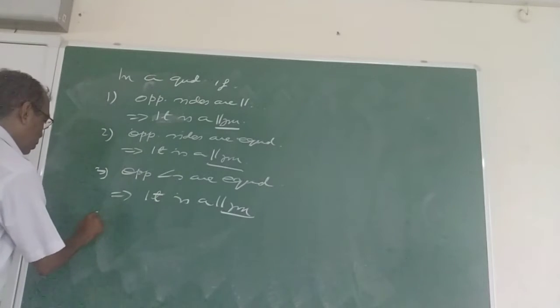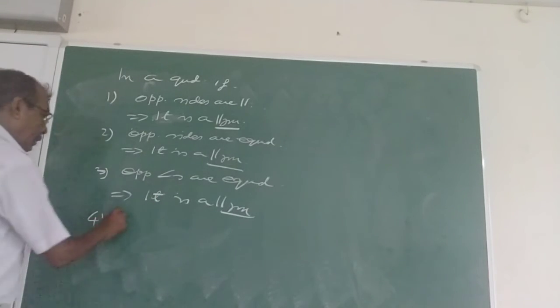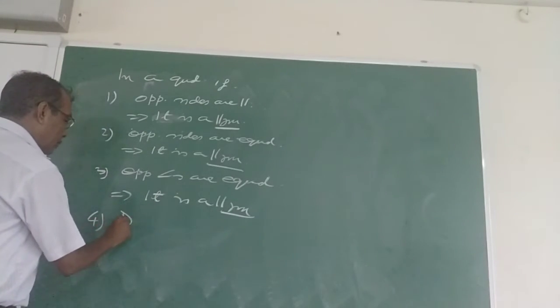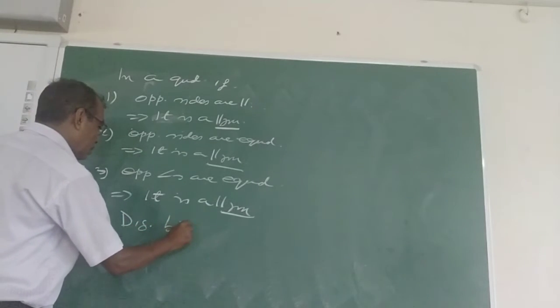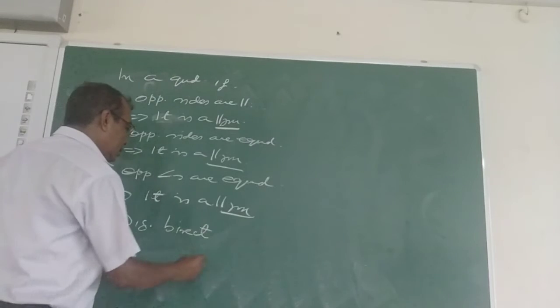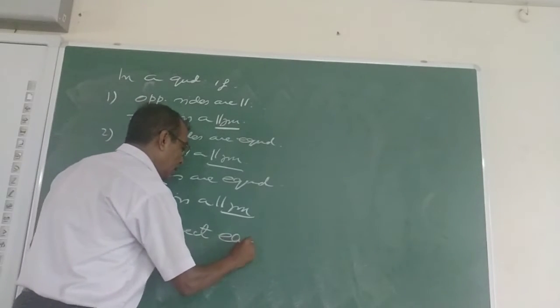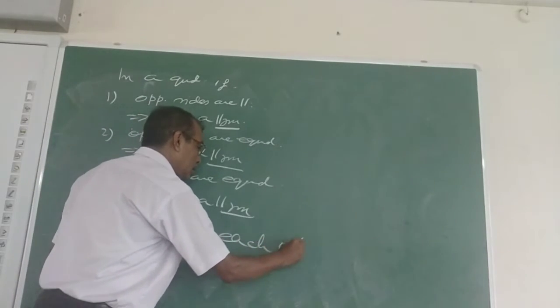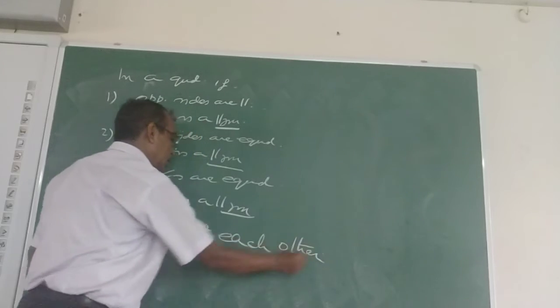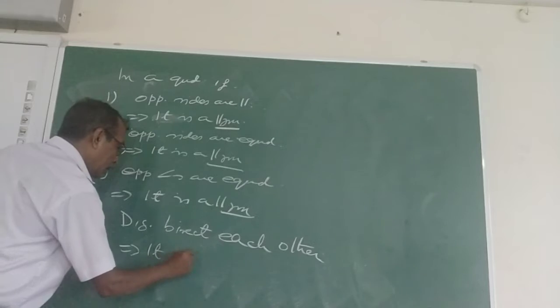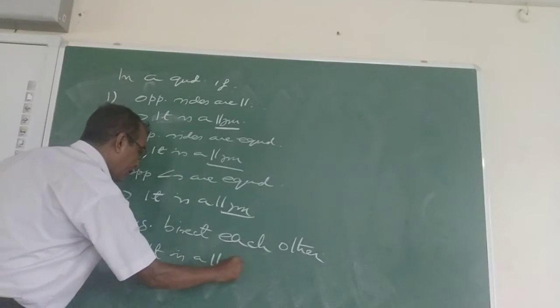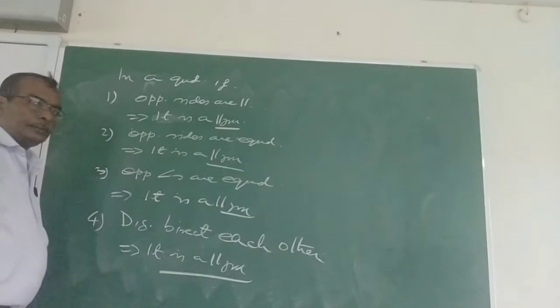And number 4, if diagonals bisect each other, it implies it is a parallelogram.